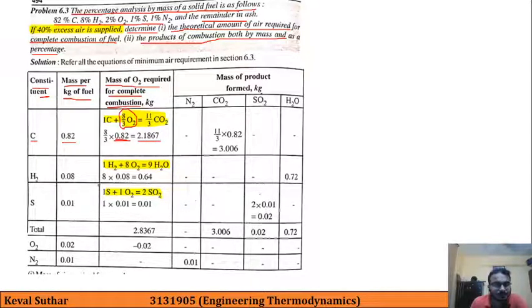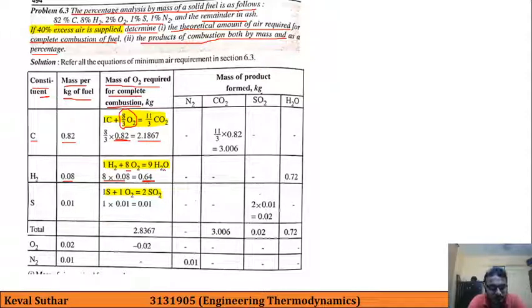Similarly, for formation of H2O, oxygen is multiplied with 8. As hydrogen is 0.08, we multiply it with 8, so we get 0.64 kg of oxygen required for obtaining H2O.